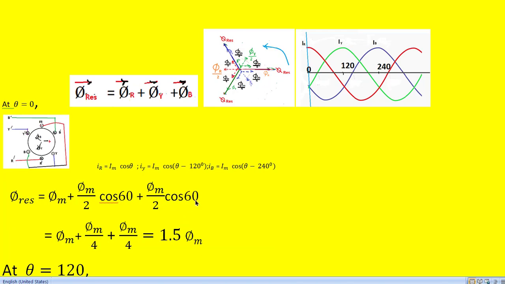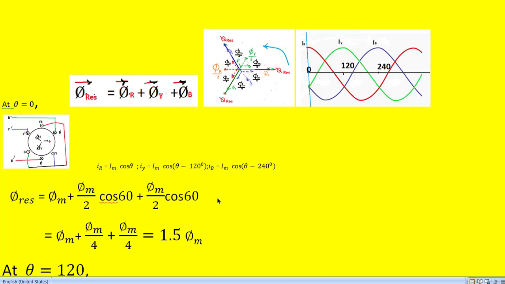This is also bisecting the angle between the R phase and the Y phase. That is, it is making 60 degrees with respect to phi r positive. So to get the resultant flux, we have to take the in phase component of the B phase flux, that is phi m by 2 into cos 60, at theta equal to 0.